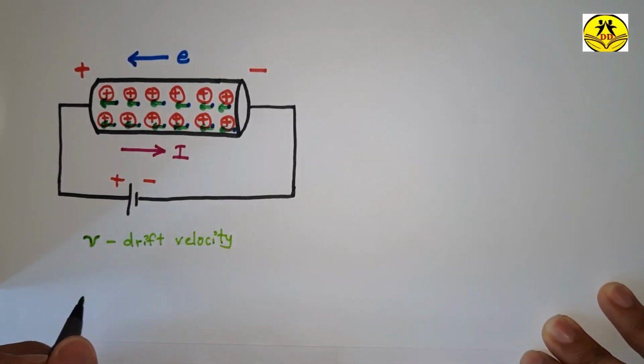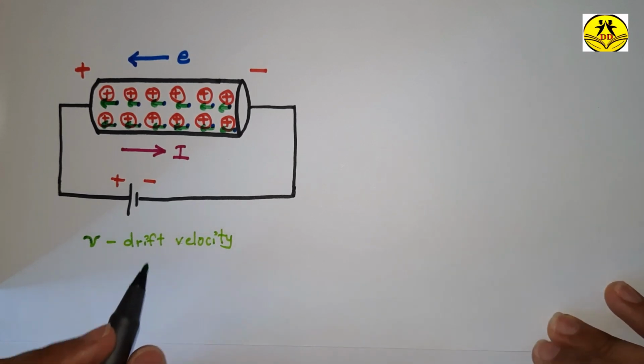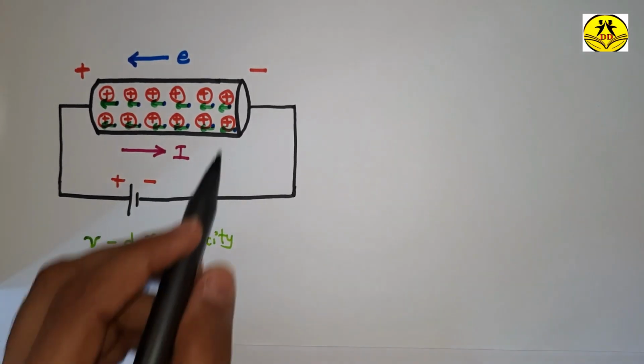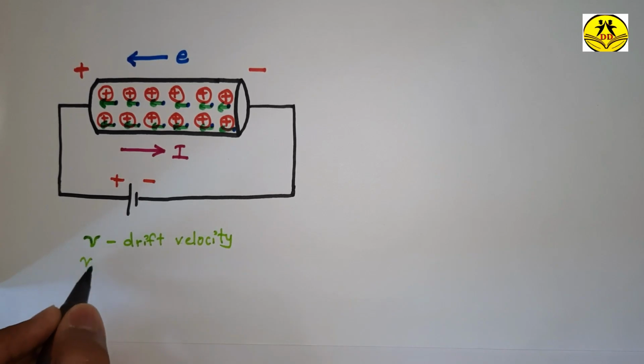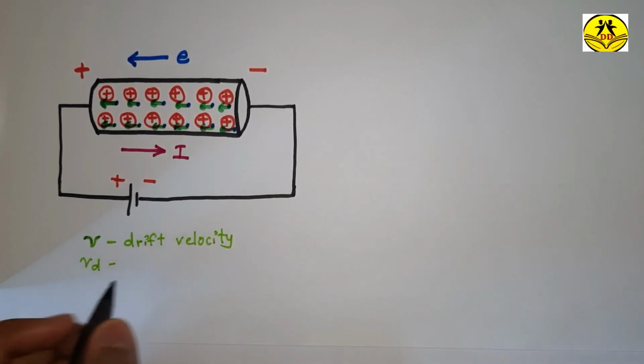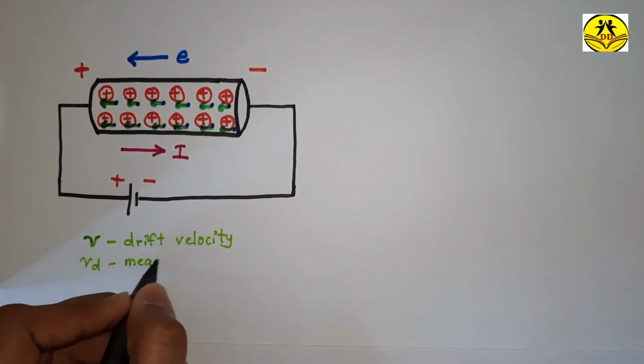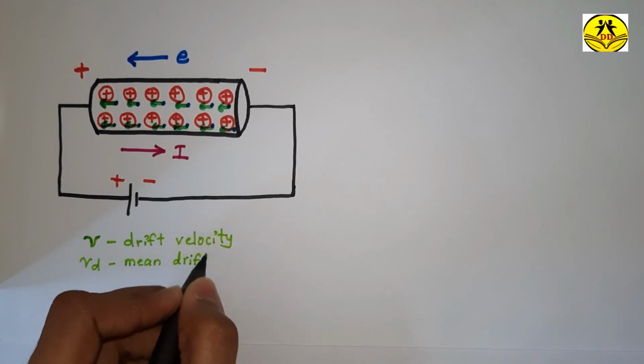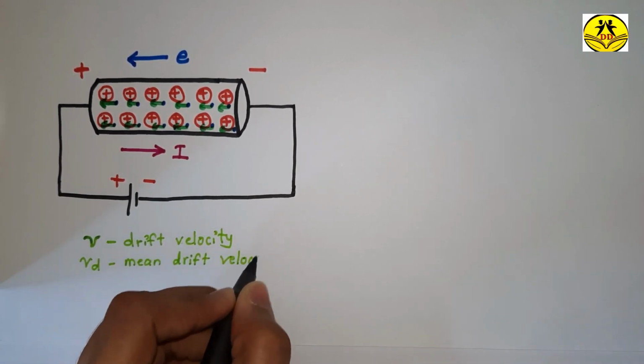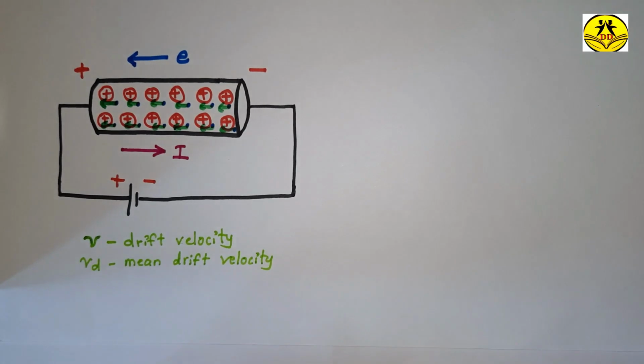The mean drift velocity, means the mean value of the drift velocities of electrons, is Vd.